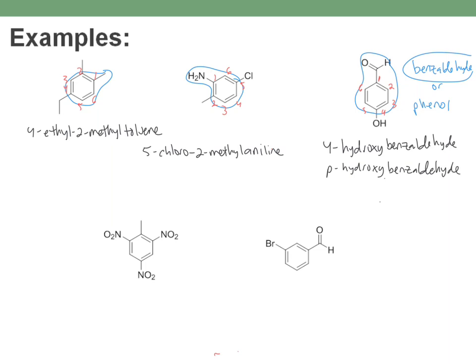Either way. You'll notice that in these previous two, I did not use para or ortho or meta because it's not appropriate in these cases. The reason is that the ortho, meta, para designations are only used for di-substituted molecules. Both of these two are tri-substituted, right? They have 3 things on them.